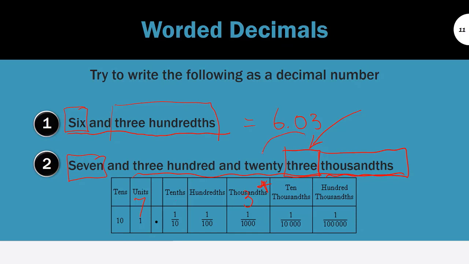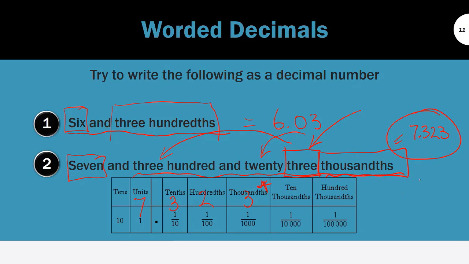The next one on from that is the 20, and it goes into the hundredths column. And then the next highest one is the 300, and that is going to go into the tenths column. So this number here is 7.323 as a decimal.